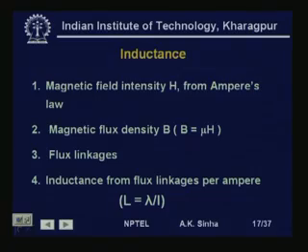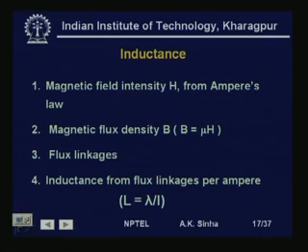Next, we will talk about the inductance. For calculating inductance, we need to go through 4 steps. First is to find out the magnetic field intensity H using Ampere's law. Second step is, from H we can find out the flux density, B is equal to mu H. Now, since we are using aluminum or copper conductors mostly, mu for this is going to be equal to mu 0 because these conductors are non-magnetic.